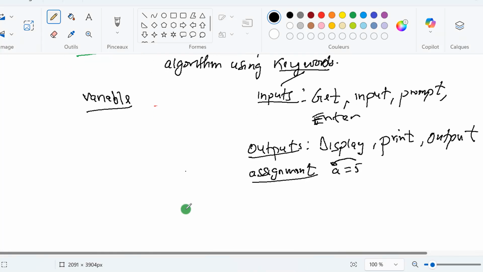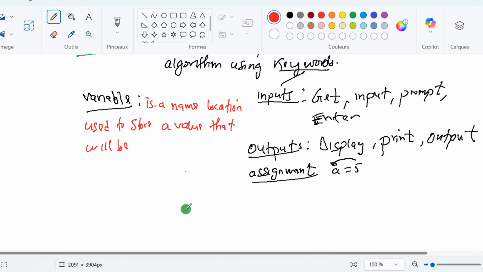Okay, so as I was saying, you cannot be talking about algorithm without knowing what is a variable, because you are always manipulating variables. So let me just define variable here. A variable is a name location used to store a value that will be manipulated in an algorithm.